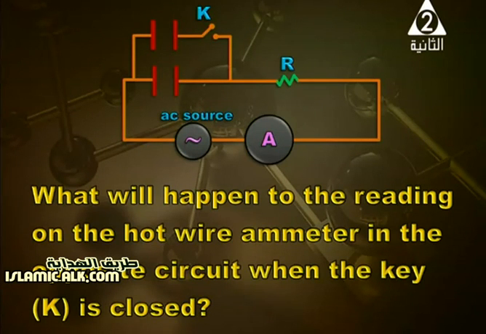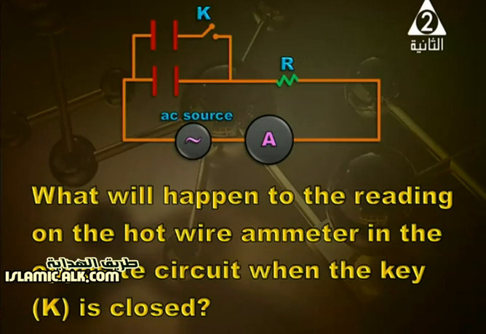What will happen to the reading on the hot wire ammeter in the opposite circuit when the key is closed? Okay, when the key is closed, what happens? Yes, we are connecting the second capacitor, and they are connected in parallel. So the capacitance will be increased, and when the capacitance increases, the reactance decreases.